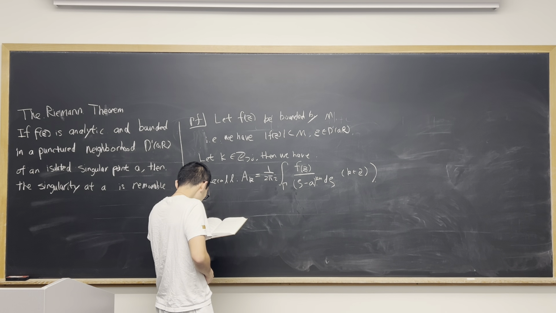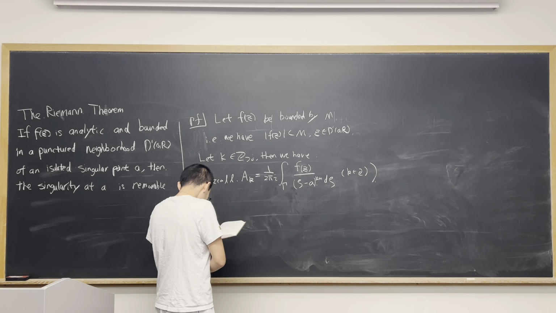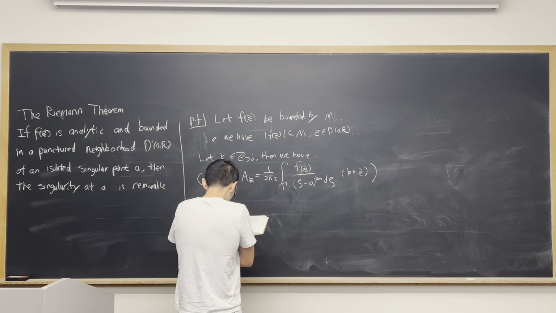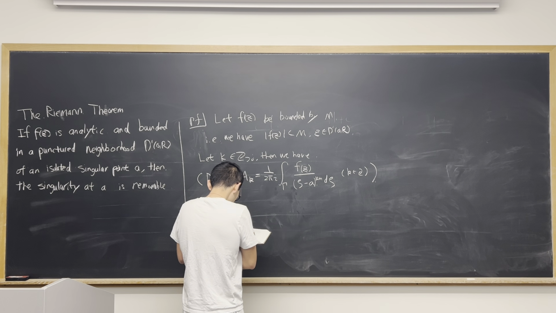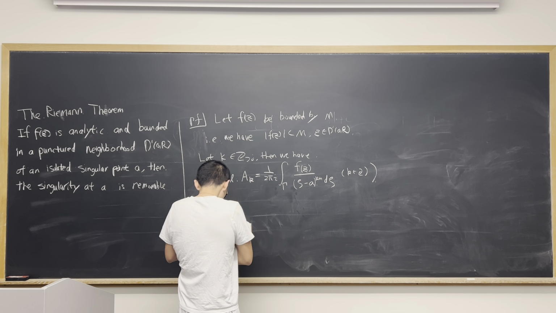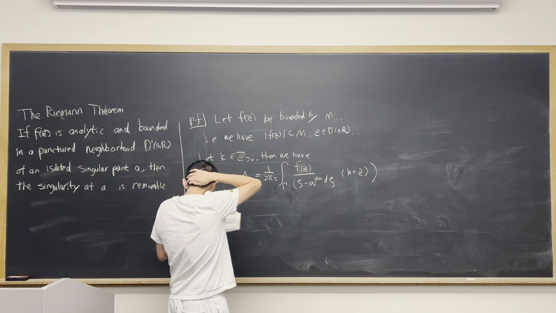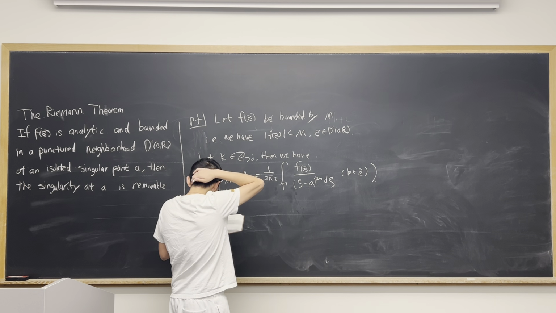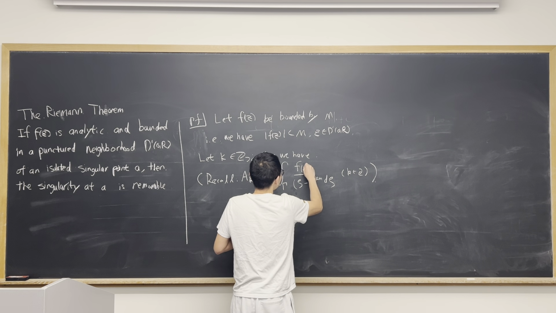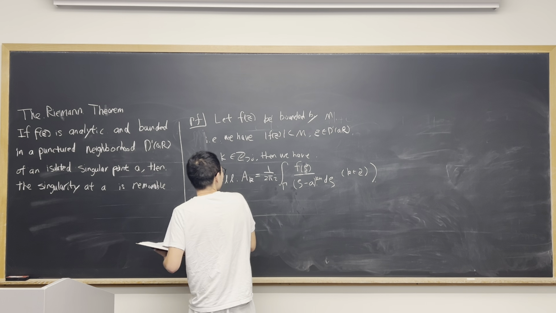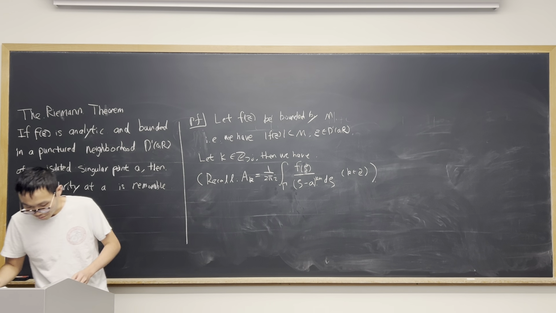I think this should be f of zeta. So I feel like there's a typo for this one.